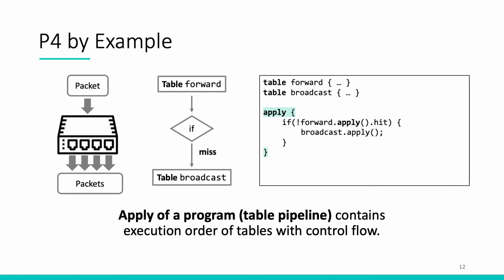This control flow is the so-called table pipeline. Now we have finished the introduction of the P4 language. To simplify, P4 contains a table pipeline, and the table pipeline contains tables, and a table consists of match and actions.